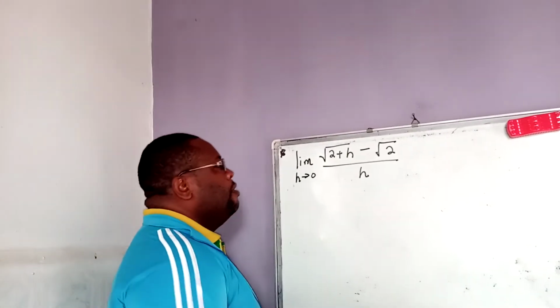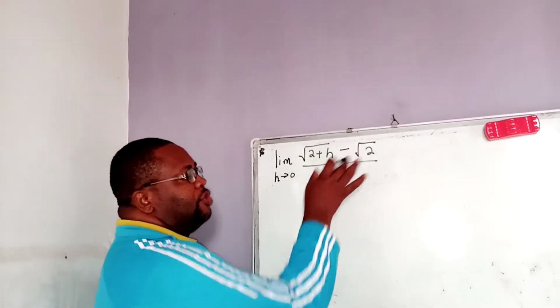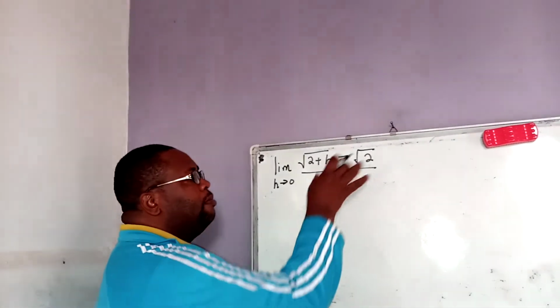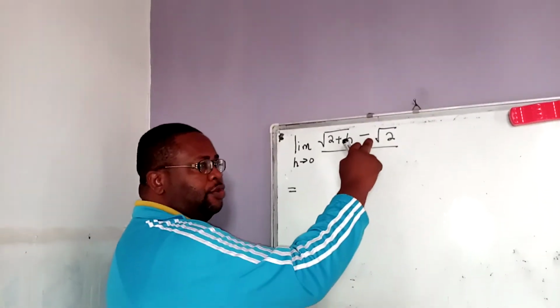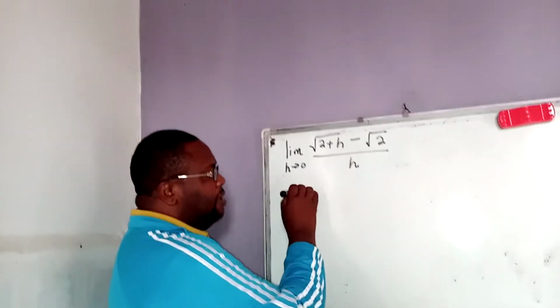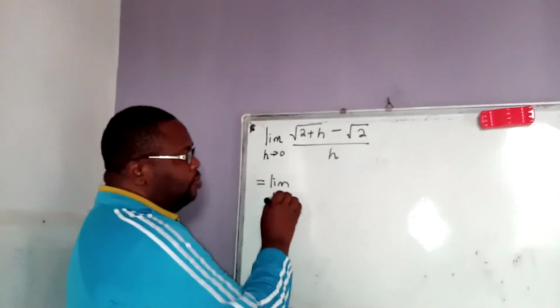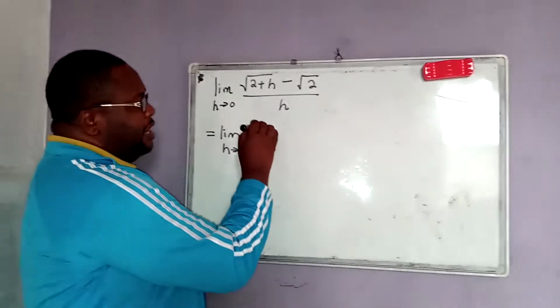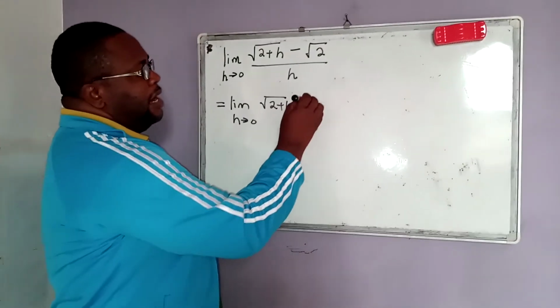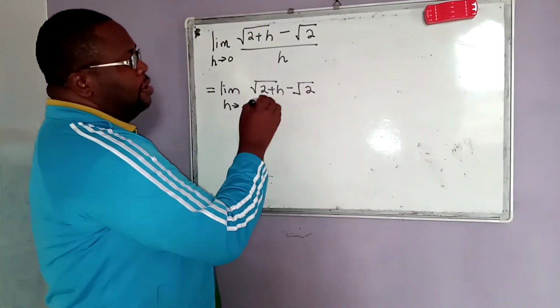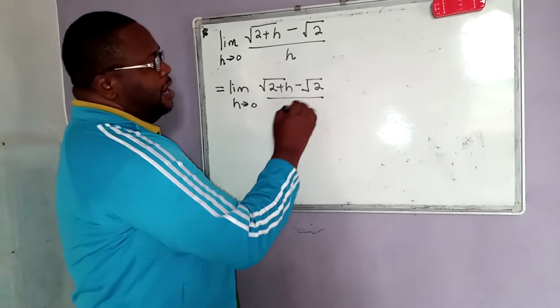Now we begin. What I'm going to do is what we call a surrogate expression. We are going to multiply numerator and denominator by the conjugate of the surd. So this simply becomes the limit as h tends towards 0 of the surrogate expression, square root of 2 plus h minus square root of 2, divided by h.